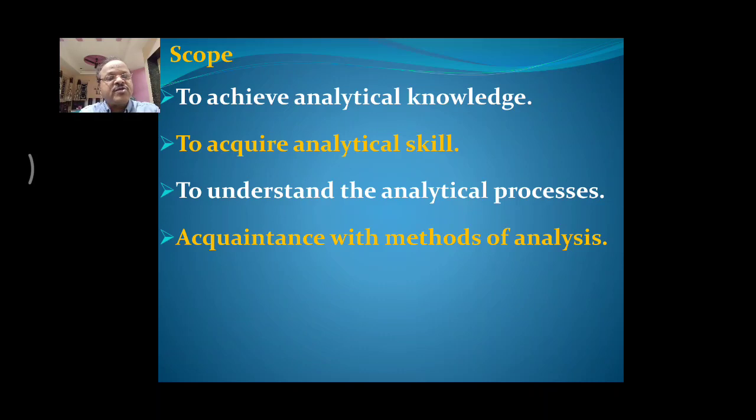Depending upon the nature of the property or parameter that we are analyzing, these methods will vary, and by selecting a proper method we can analyze the given analyte properly. So this is the scope of the study of analytical chemistry.